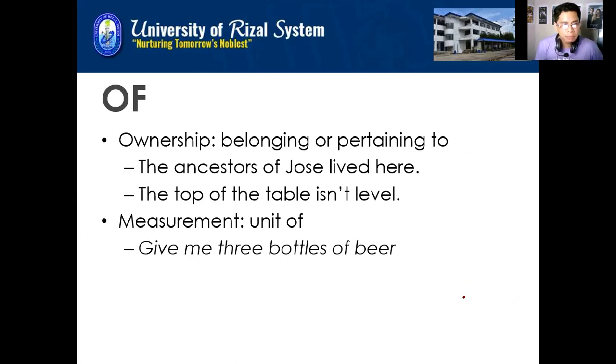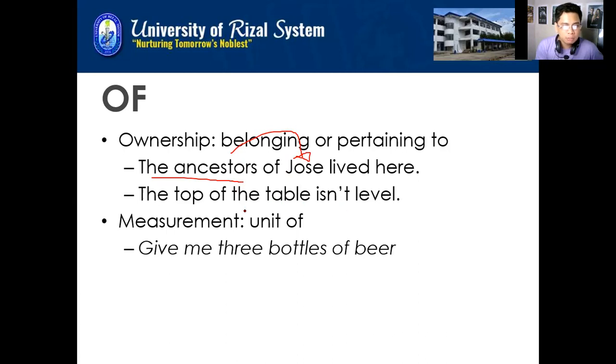Another is the preposition of. So of is used when you're referring to ownership. Let's say the ancestors of Jose lived here. Okay, the ancestors is pertaining to someone related to Jose. The top of the table isn't level.